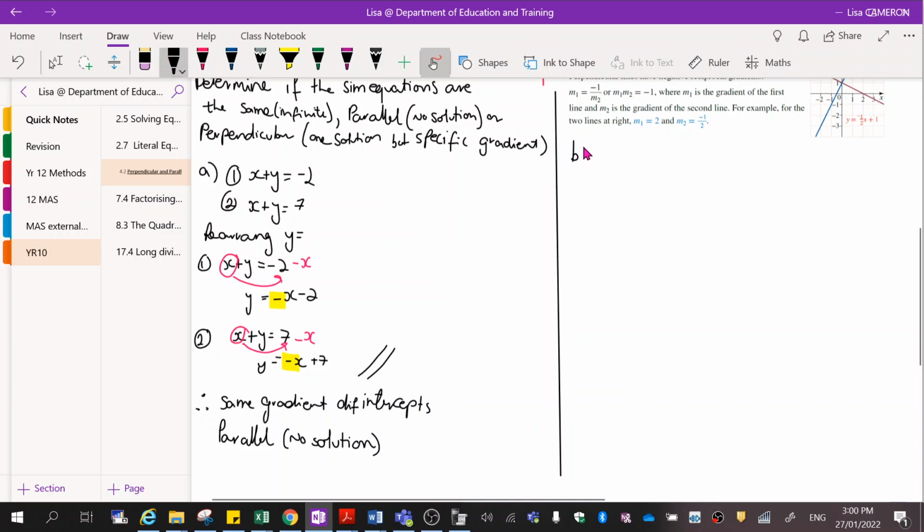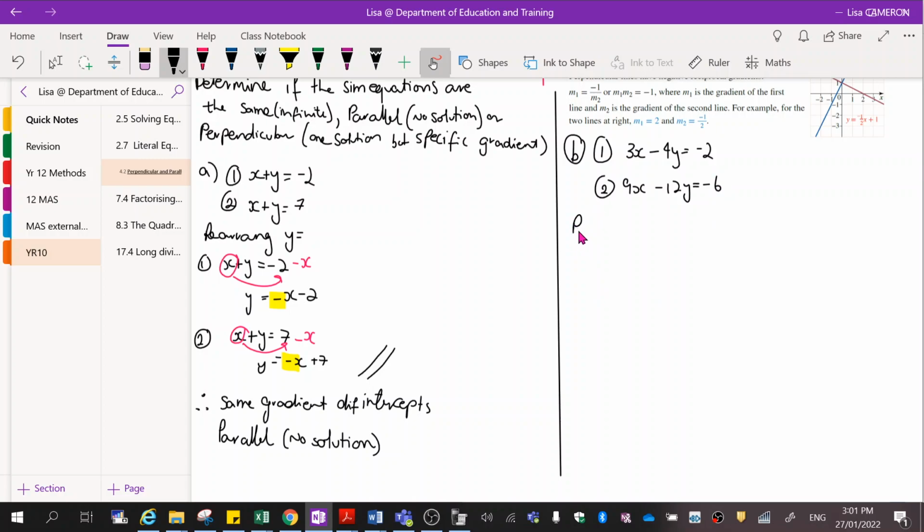B. Okay, so if we're given this is our first equation, 3x minus 4y equals negative 2, and our next equation is given to us as 9x minus 12y equals negative 6.